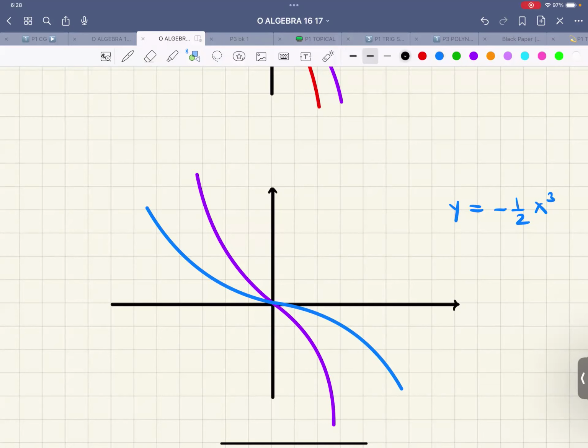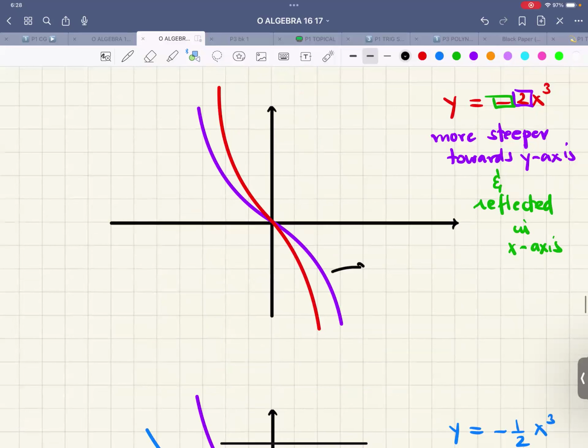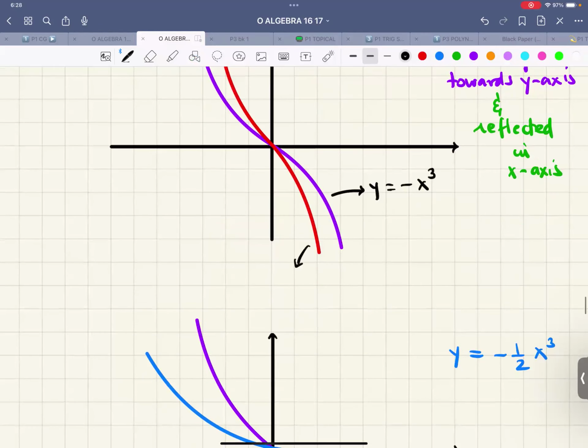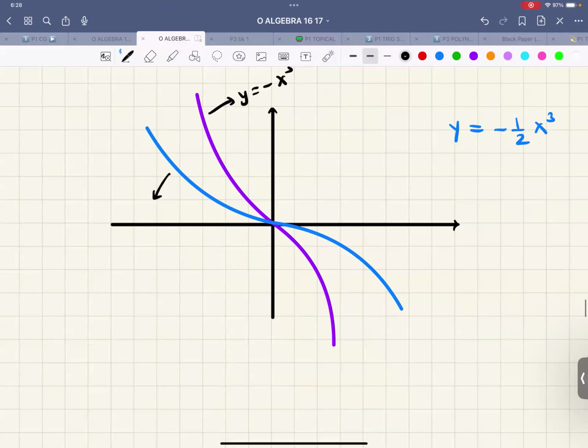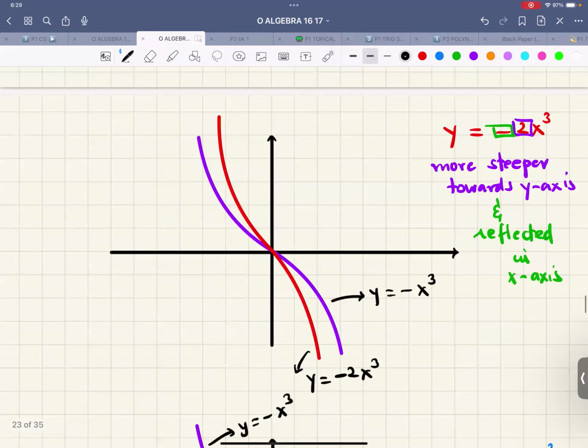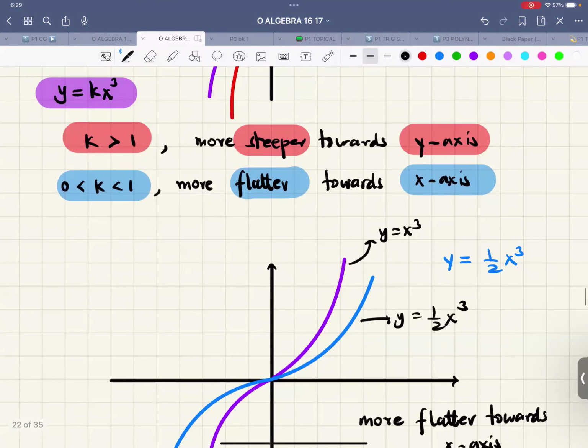Okay, so now it's time for the labeling. The purple one, y is equals to negative x cube. This is y is equals to negative 2x cube. This is y is equals to negative x cube. This is y is equals to negative half x cube. Just have a good look at it.